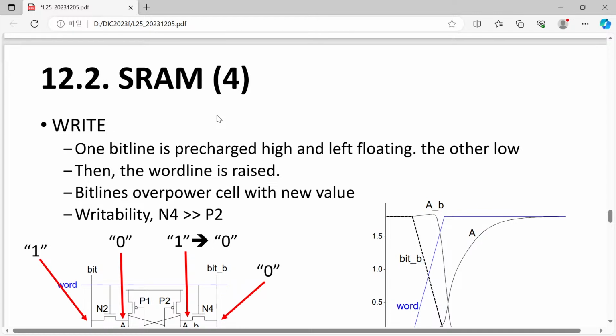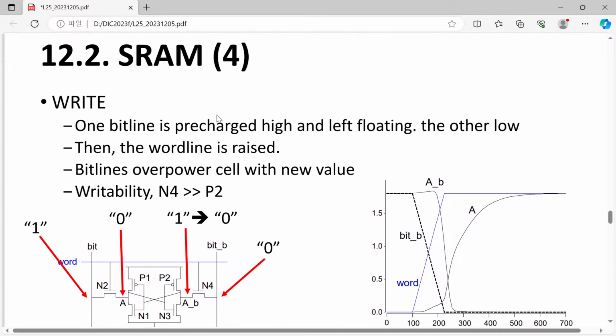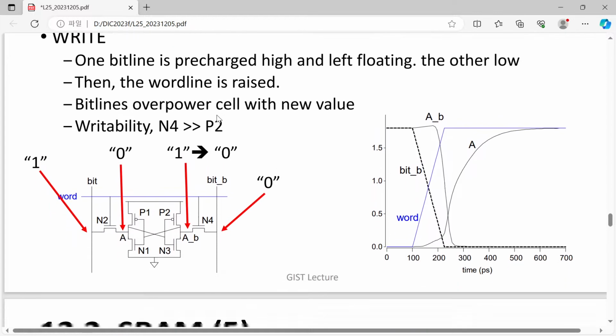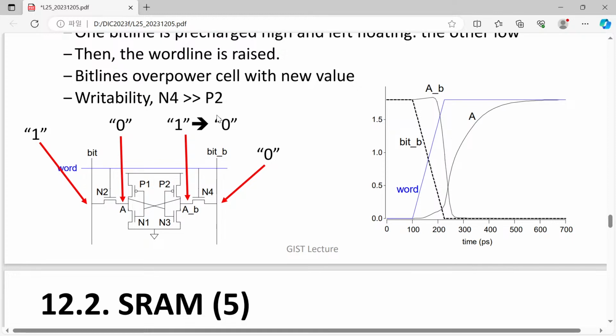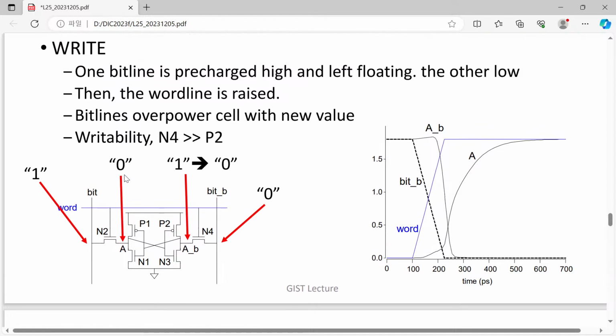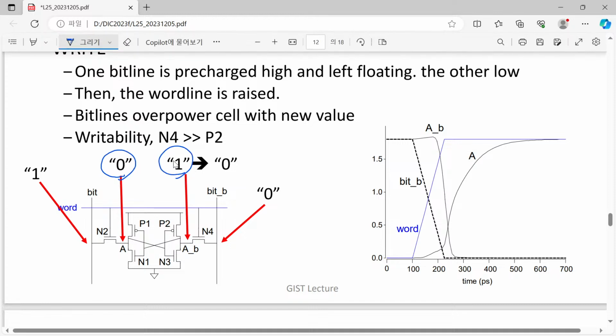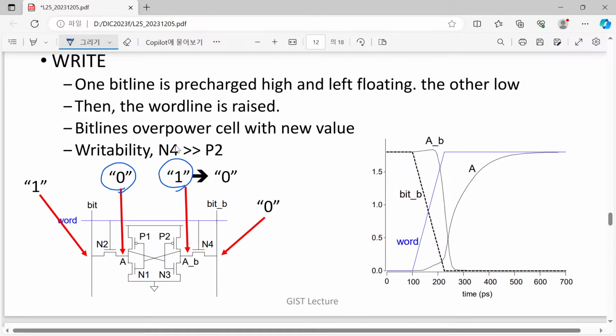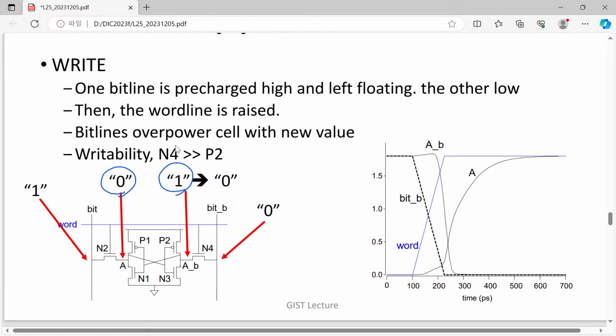Now we want to talk about the write operation. Here we have something like this. In the case of a write operation, we still assume that initially we have the 0 and 1 configuration, and let's say we want to write 1 to our storage.